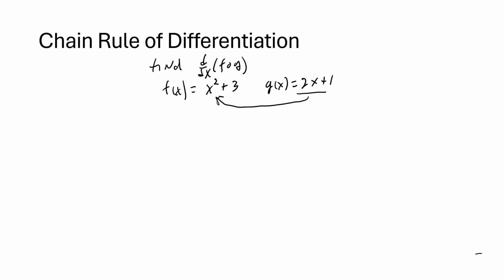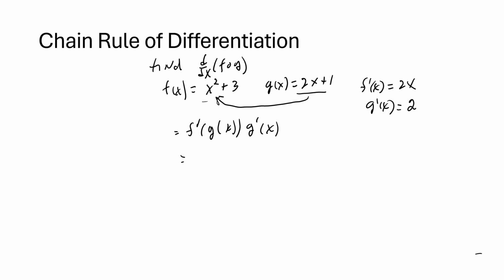So now our f prime of x is just 2x, because that's the derivative of this function right here. And then the g prime of x is just equal to 2. Now, putting this in our formula we saw from the first page, that's going to be f prime evaluated at g of x times the derivative of g of x.